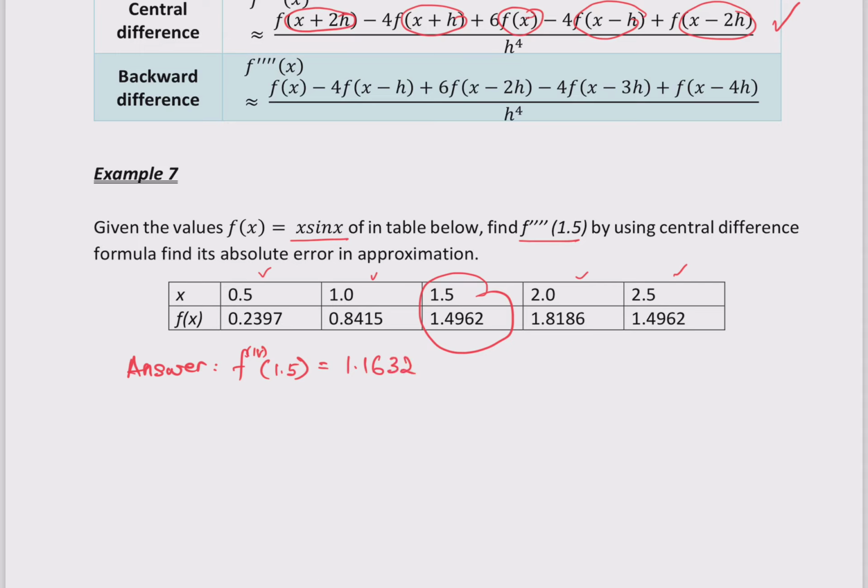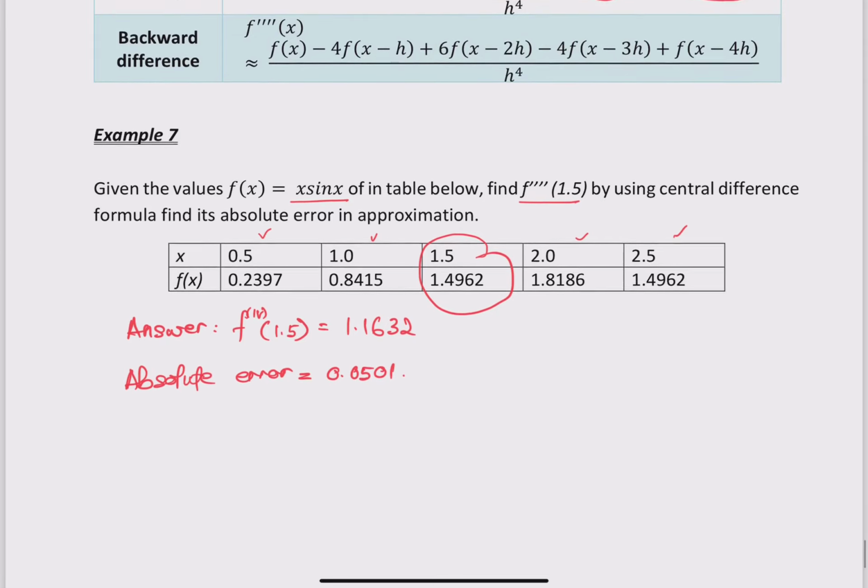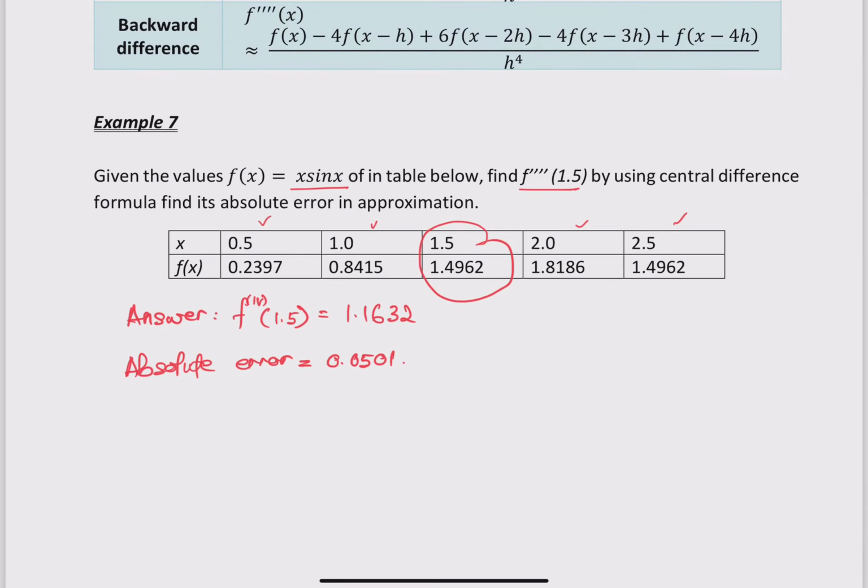and the absolute error is equal to 0.05, not 1. Alright.